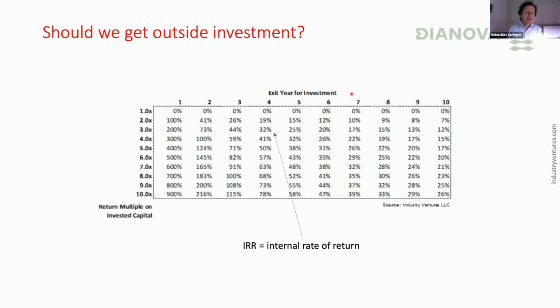Let's assume you want your capital back after 4 years, and you want to generate an overall gain of 32% on your capital per year. That's called the internal rate of return. About 30% is what such investment companies aim for.